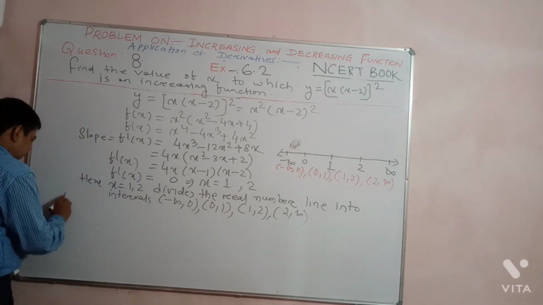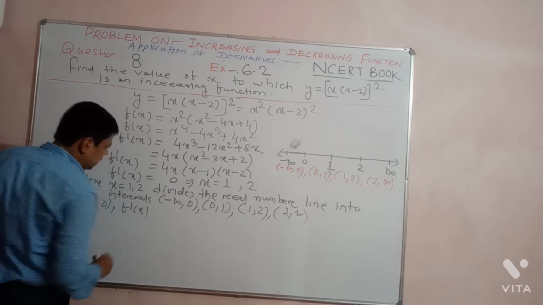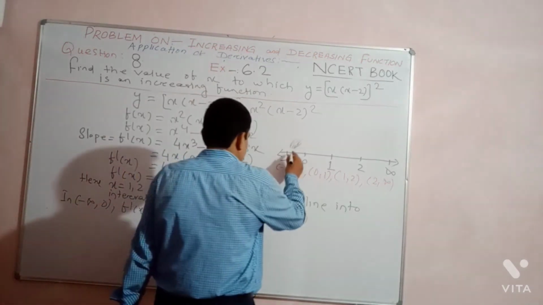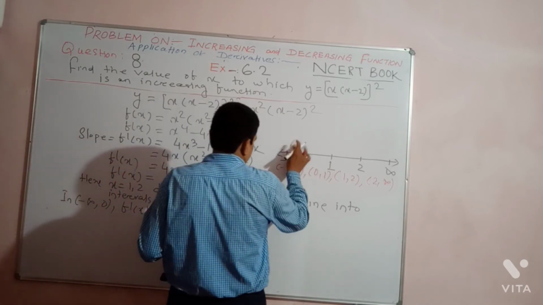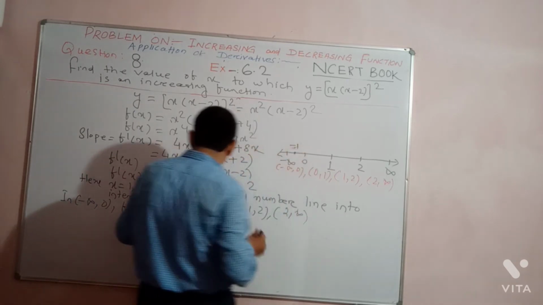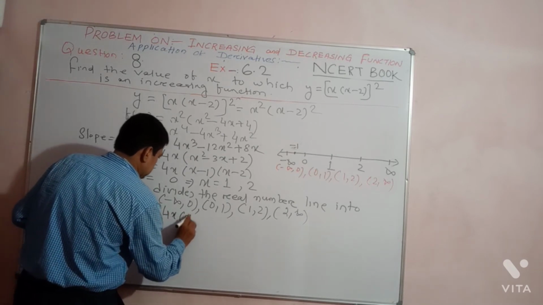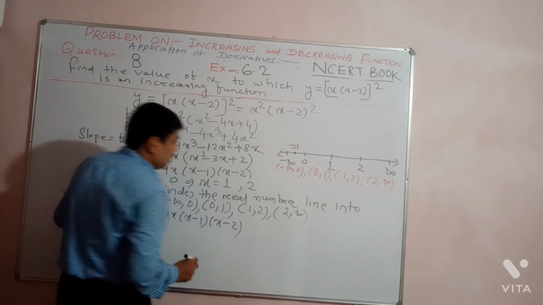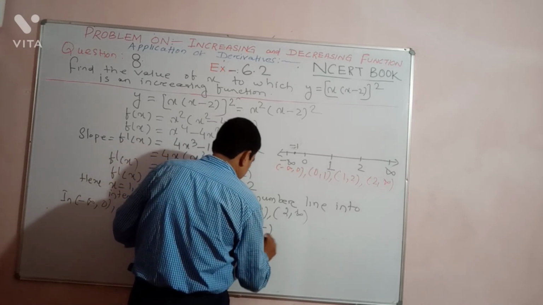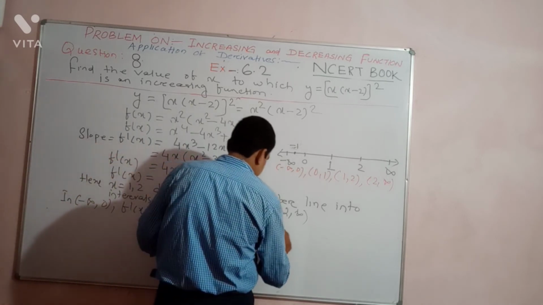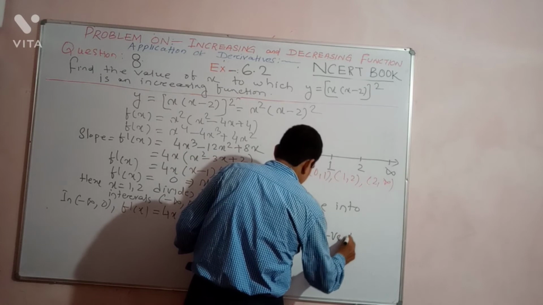In the interval minus infinity to 0, suppose I take any number, say x is equal to minus 1. If you put this in f dash x, which has x, x minus 1 and x minus 2: for x less than 0, x is negative, x minus 1 is negative, and x minus 2 is negative, so the whole value will be negative, less than 0.